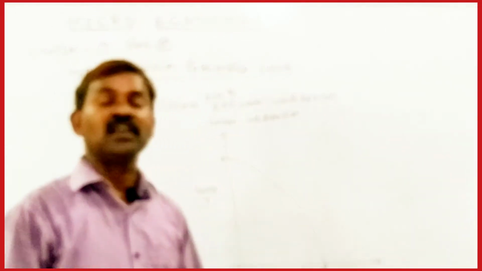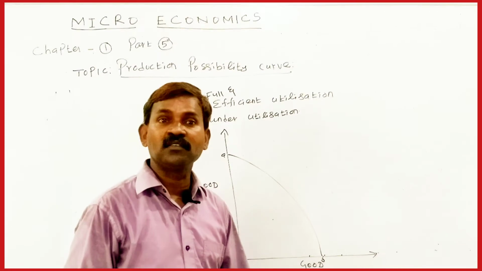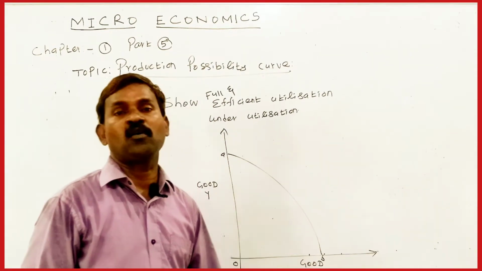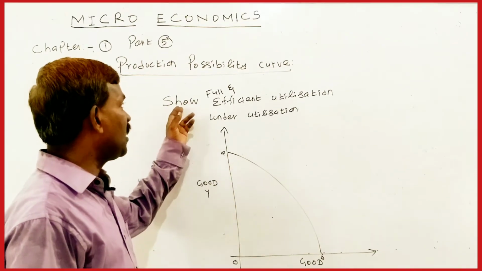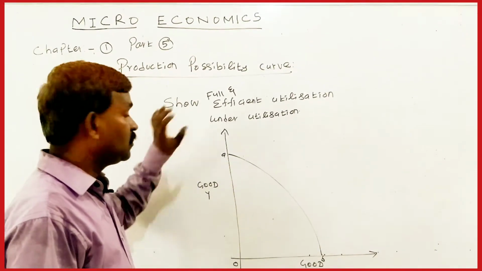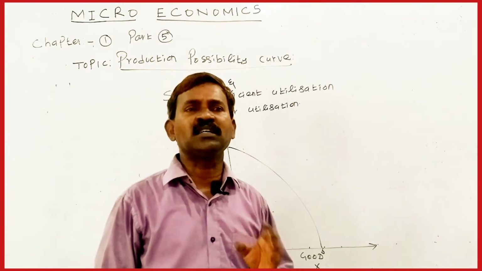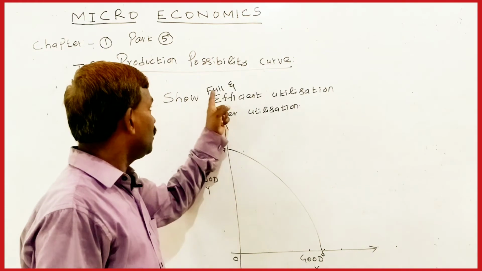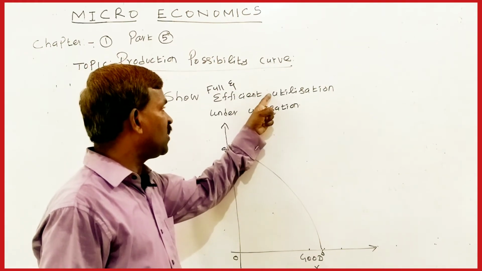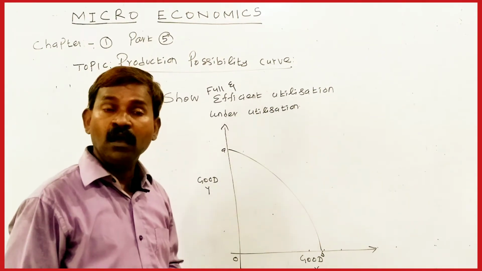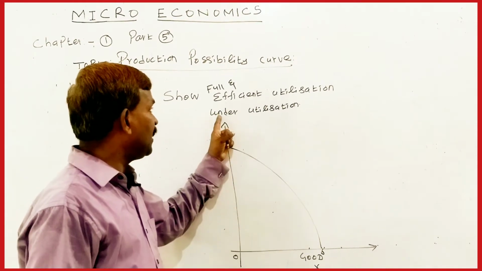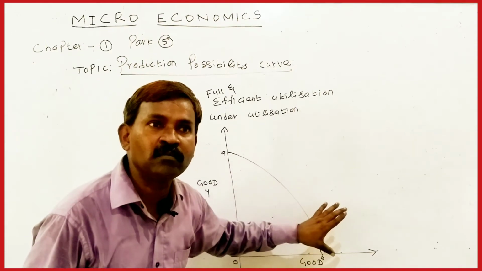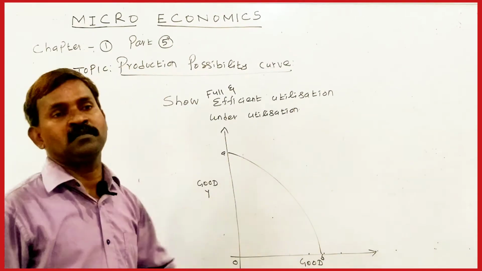Finally, we are about to complete all the topics of chapter number 1 of microeconomics. So this is the last but not the least. Suppose you are asked in an examination, how would you show the full and efficient utilization of resources, and how would you show the underutilization of the resources by using a diagram on PPC.